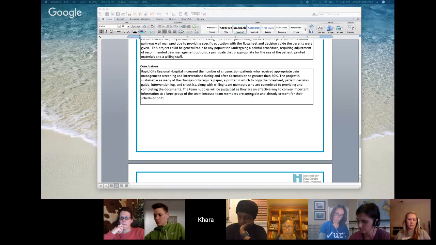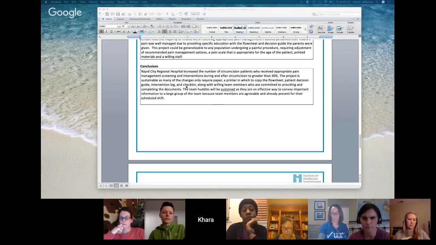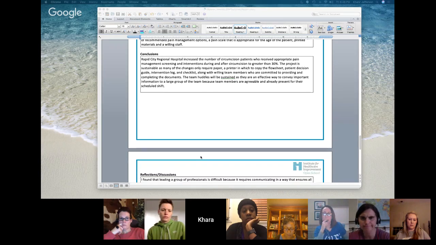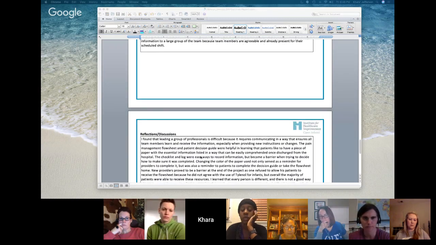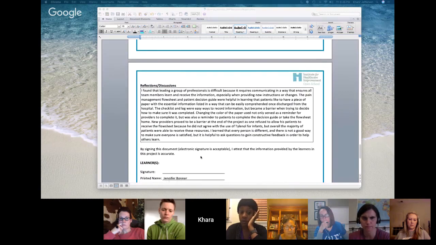It is an effective way to convey important information to a large group of the team because team members are agreeable and already present for their scheduled shift. Many of the changes only required paper, a printer in which to copy the flow sheet, patient decision guide, and so on. So some of it seems a little bit repetitive, but it doesn't have to be. I guess it depends on the outcomes of your project and what you need to discuss.